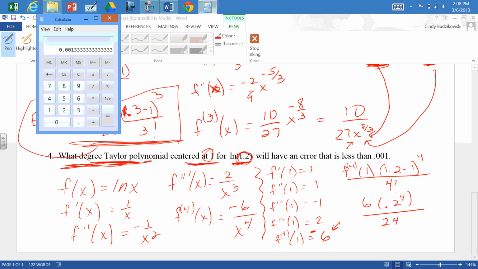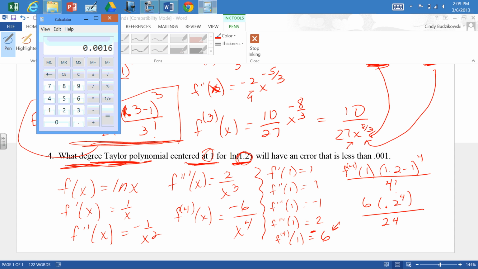So real quick, let's just work that out. We've got 6 times 0.2, oh brother, there's no exponent on this calculator. So let's say 0.2 to the fourth would be 0.0016. I believe that's right. 2 to the fourth, 2 times 2 is 4 times 2, and move it over 3.